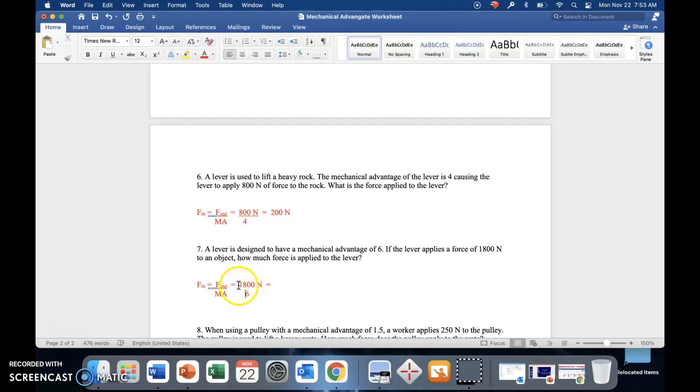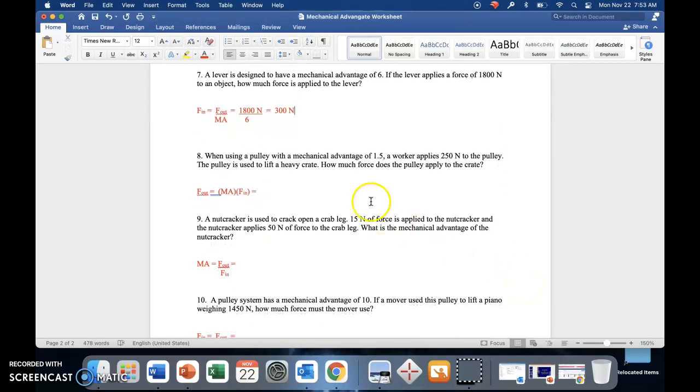So we set up the division problem, 1800 divided by 6. That's going to give us 300 newtons of force being put in to the lever.